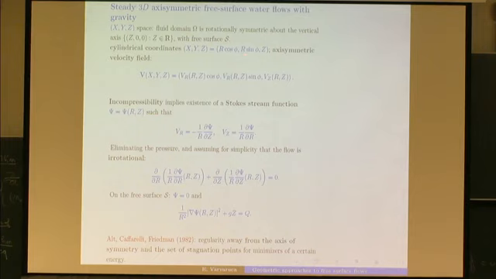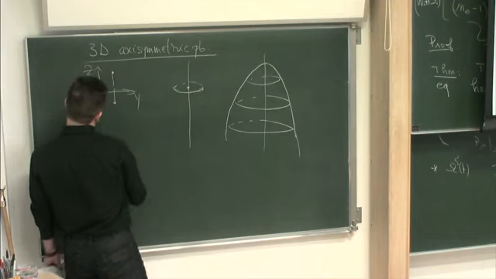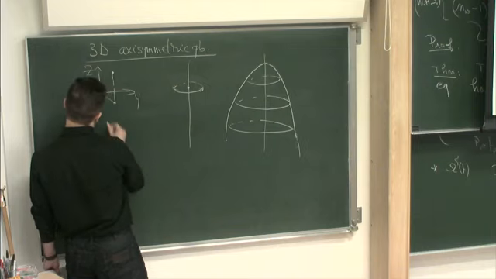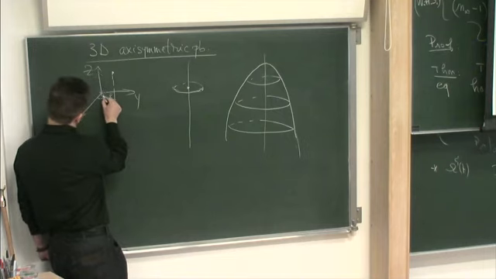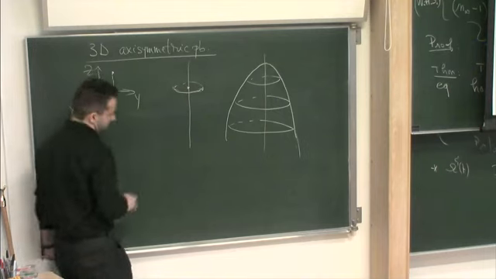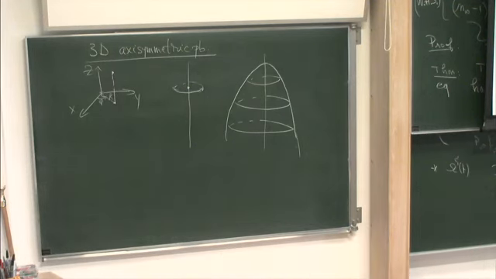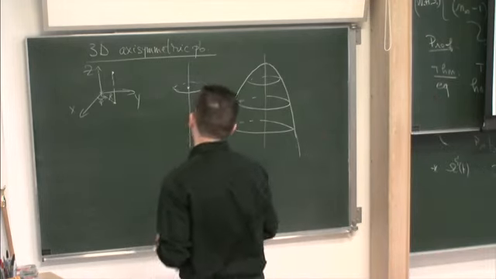So a point here, let's say we project it onto the horizontal plane, and then join it to the origin, and the distance to the origin is r, and the angle is phi. Yeah, so this is the setting.